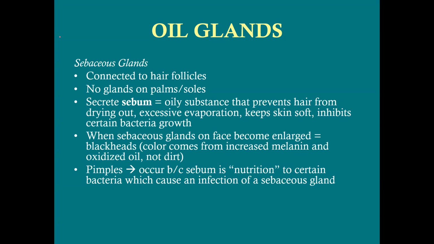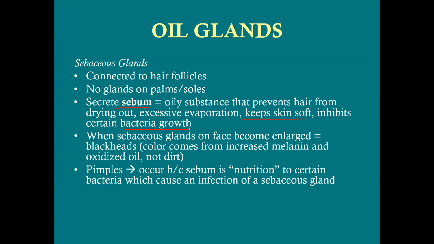Now, the sebaceous glands, what they secrete is called sebum, right? And as we mentioned before, it stops your skin from drying out. It also helps to keep your skin soft, and the sebum itself also contains antibacterial chemicals, right?